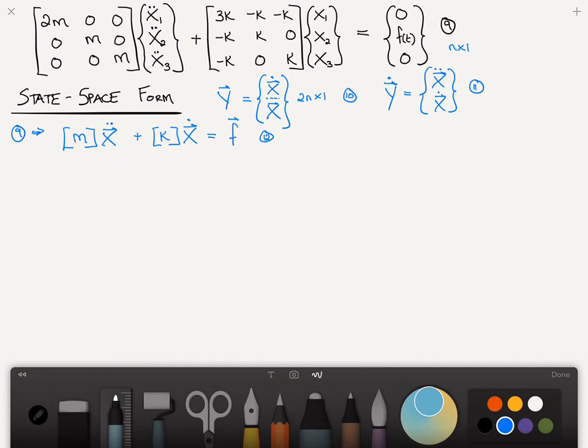Okay. And let me just write it out, and then what I've done will become clear. In state space form, this will look like the matrix m, 0, 0, and I, where I is the identity matrix, and the 0 matrix is a matrix full of zeros.